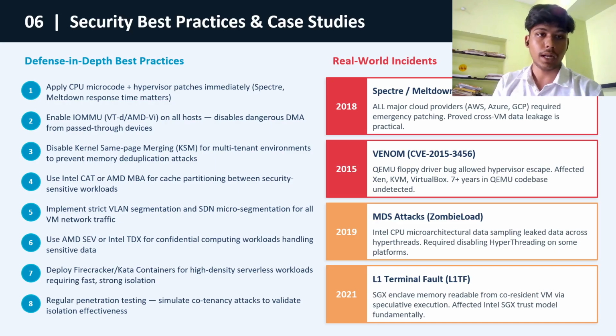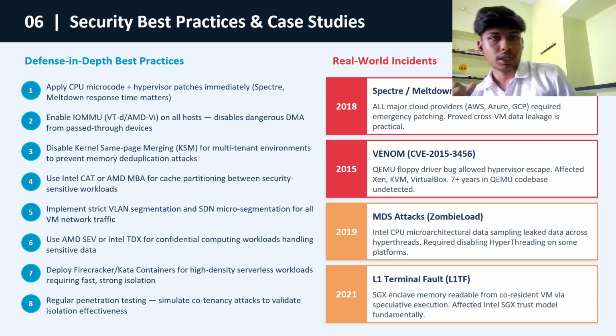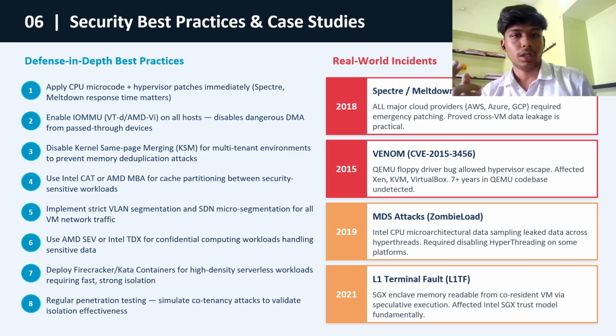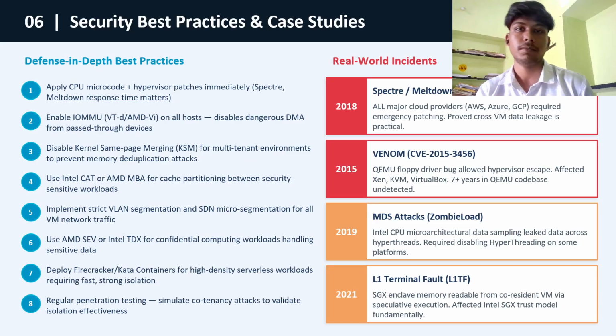Deploy Firecracker or Kata Containers. Conduct regular penetration testing. The real world incidents show that even the most advanced isolation technologies are not invincible. So these are the security best practices and case studies.